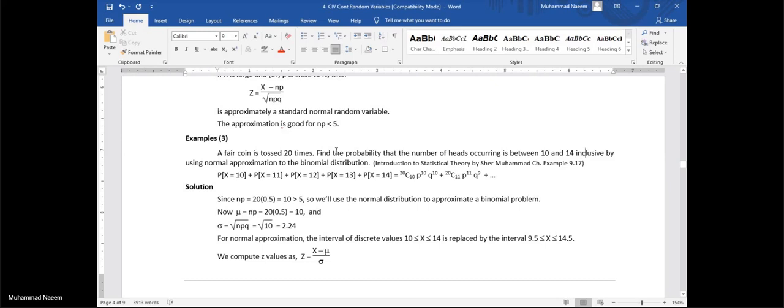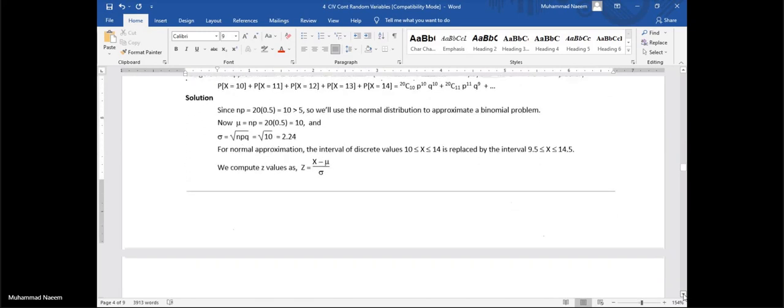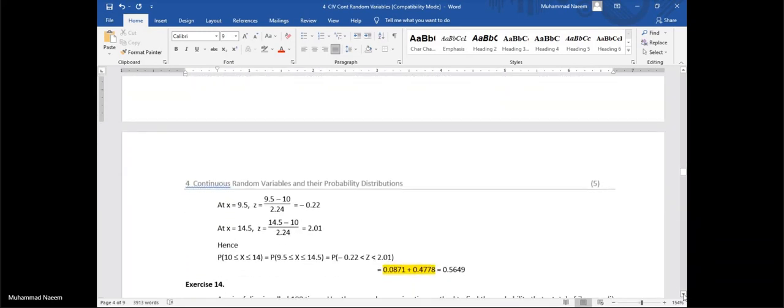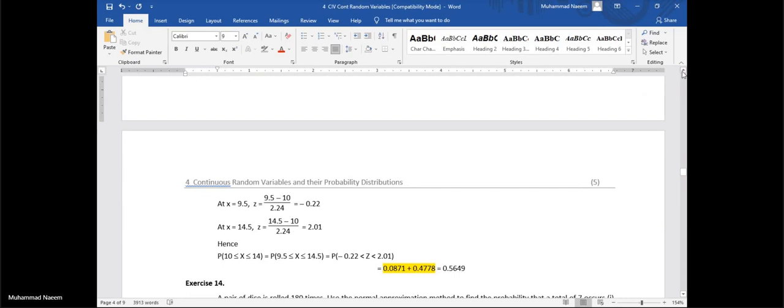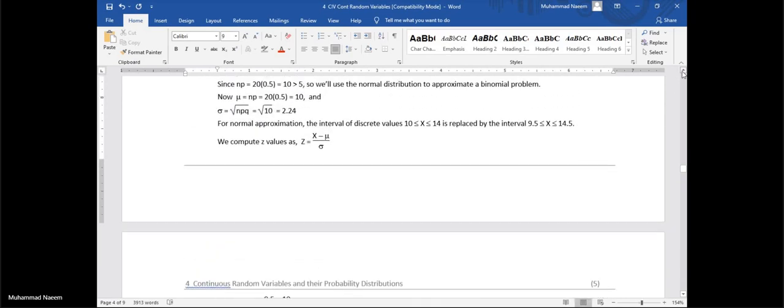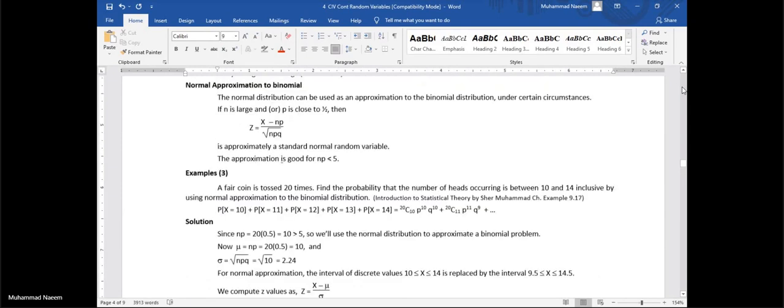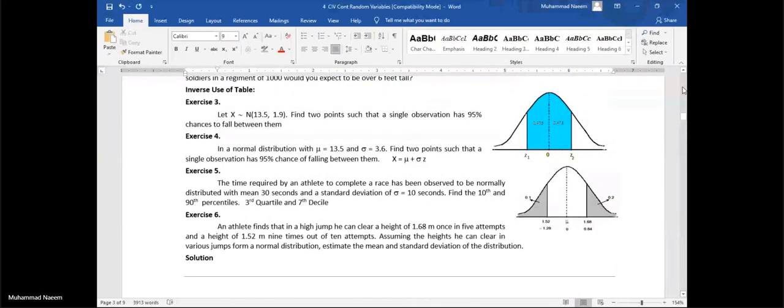When we approximate with the normal distribution, to include the extreme ends necessarily, we must expand our range on both the sides. Let me explain this thing with the diagram. Let me trace a diagram.